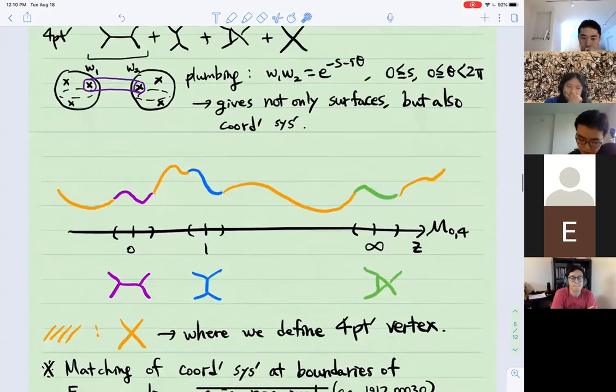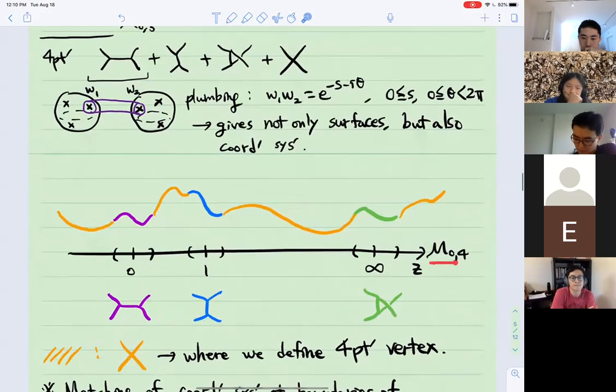So this is a picture for the 4-puncture sphere. We know that it's complex 1-dimensional. Let me suppress 1 dimension, real 1 dimension. So there's our favorite cross ratio Z. And each of these diagrams will cover some neighborhood of 0, 1, and infinity, where the vertical direction, again, is the choice of the coordinatization.